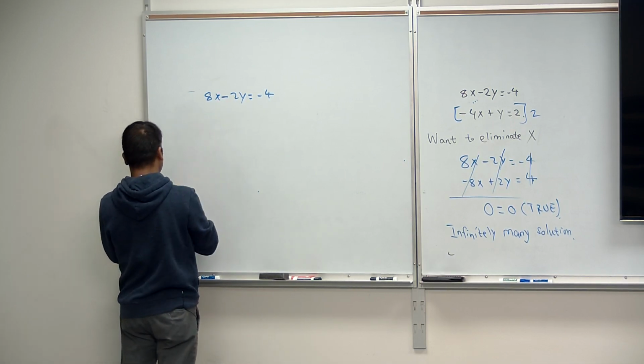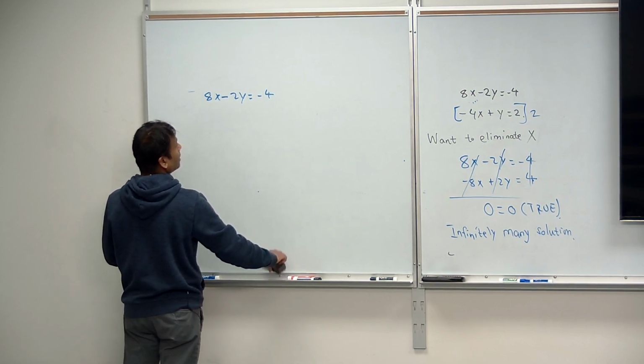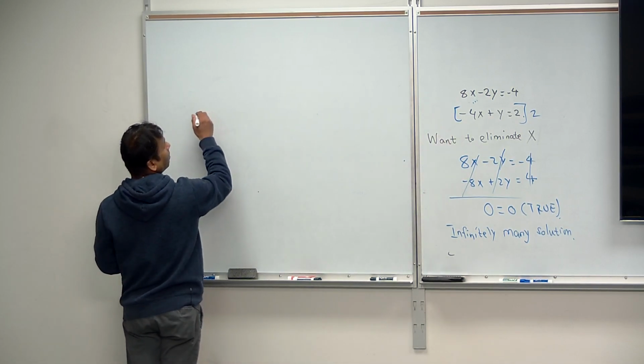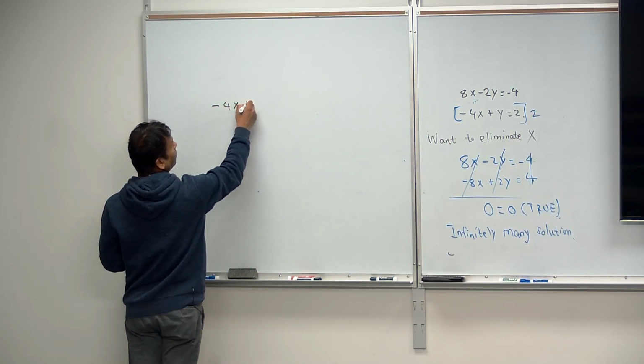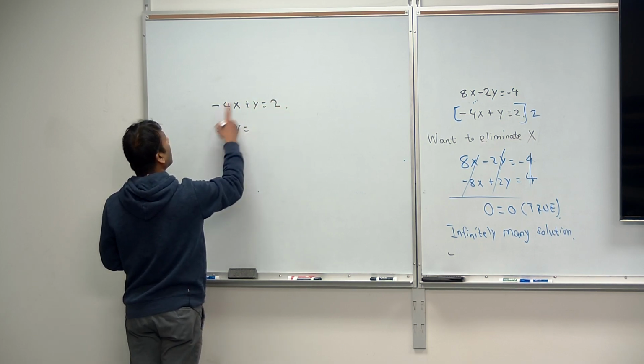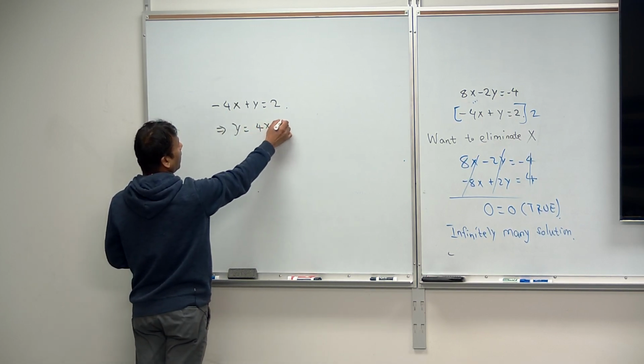You can just look at the second equation, it's going to be easier for you. So you have negative 4x plus y equal to 2. I want to find the value of y. So you move this to the right side. So that will be 4x plus 2. Is that right?